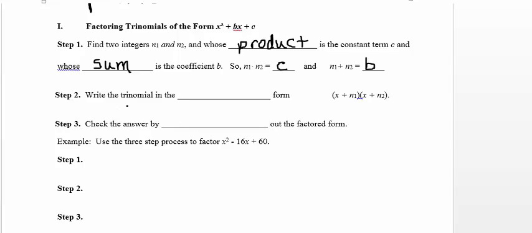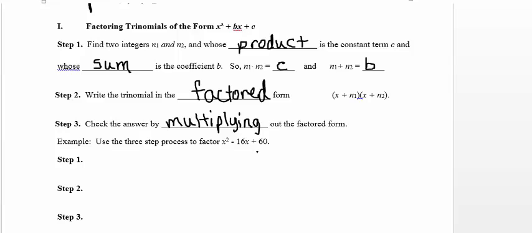So step 2 is to write the trinomial in the factored form x plus n1 times x plus n2. We're going to check the answer by multiplying out the factored form.